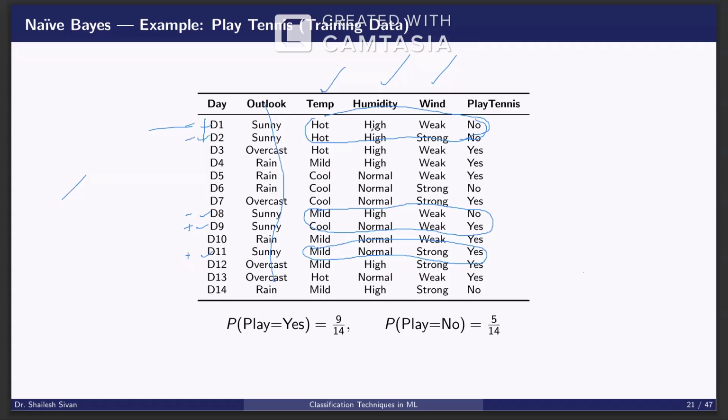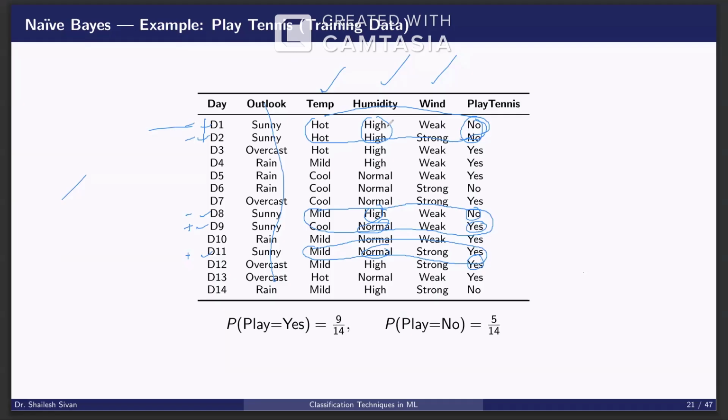See, you can observe that whenever the humidity is high, the decision is no, right? Whenever the humidity is normal, the decision is yes. So among temperature, humidity, and wind, humidity seems to have more information gain.